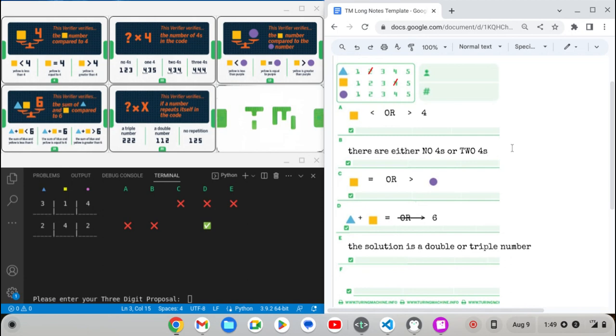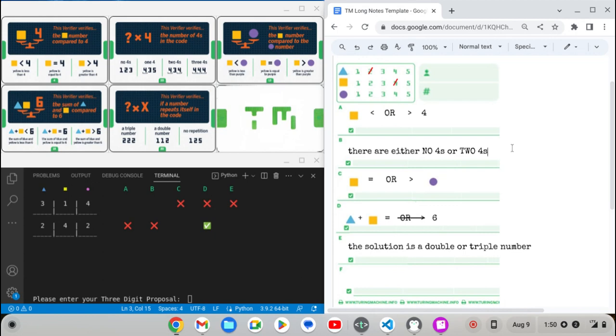Okay, so again we are going with the idea that there is a double number, not a triple number. And again we're thinking either there are no 4s or 2 4s.